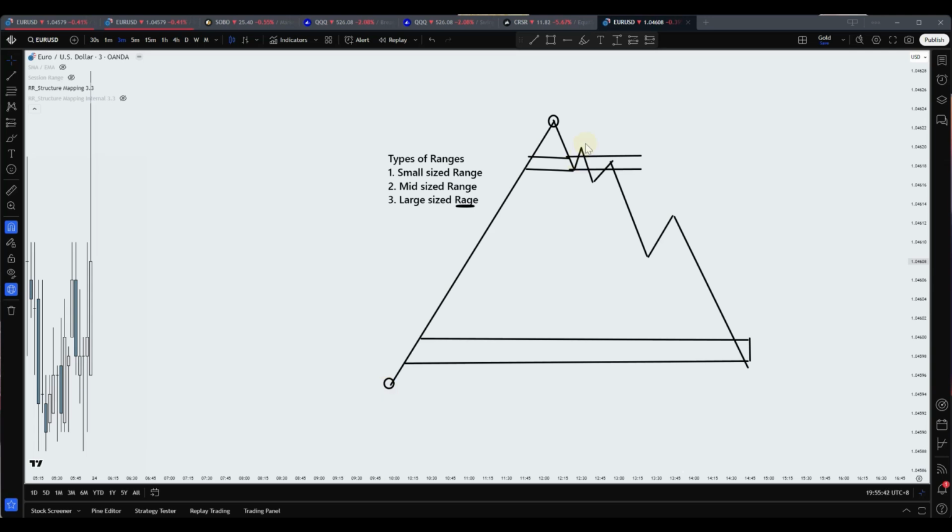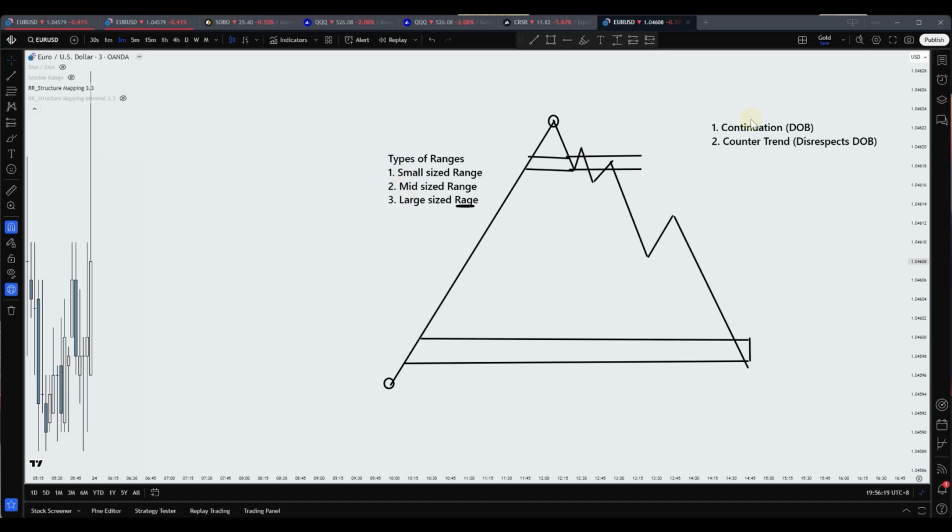You need to understand that there are only two types of play. Number one, it's continuation of DOB, or counter trend when DOB disrespects. Okay, so this is the second step. The first step, you need to identify what type of range it is.